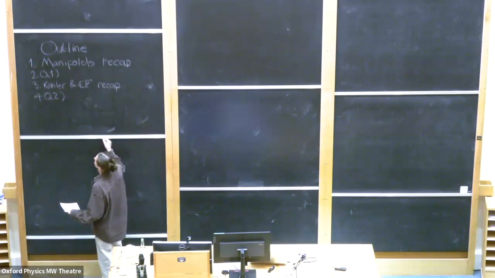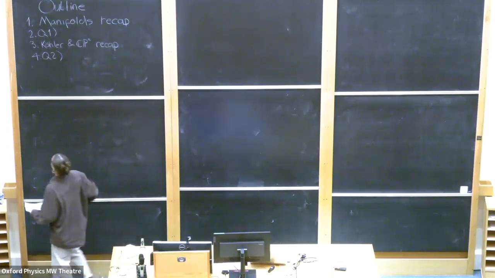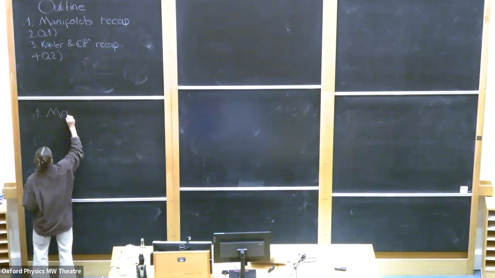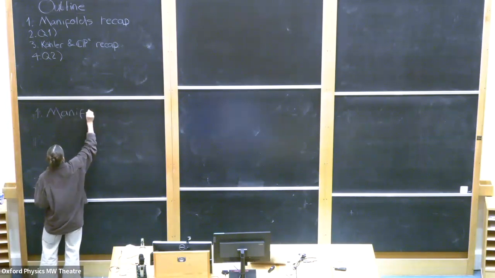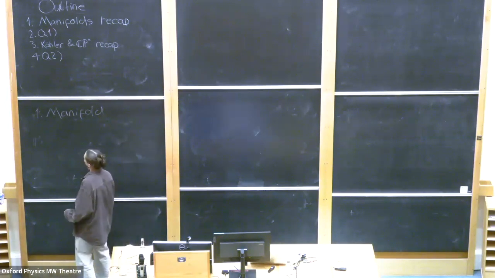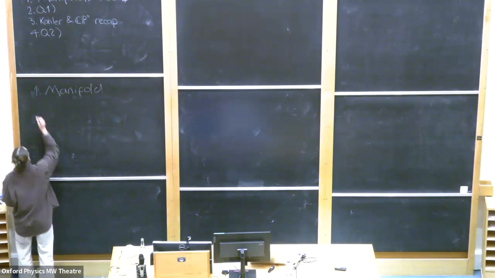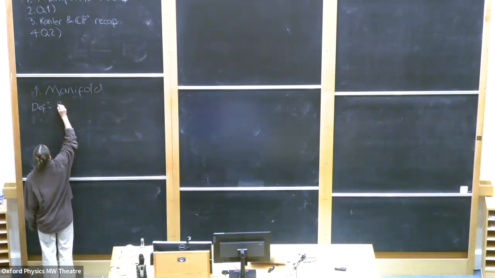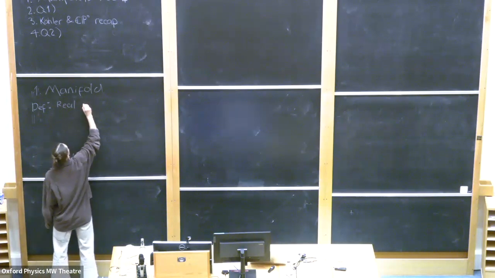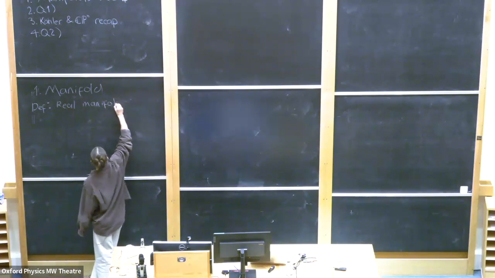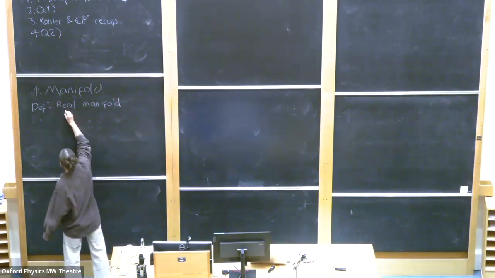So I'm just going to very briefly repeat the definition of a manifold, both real and complex. Starting with a real manifold, this is defined using an atlas.